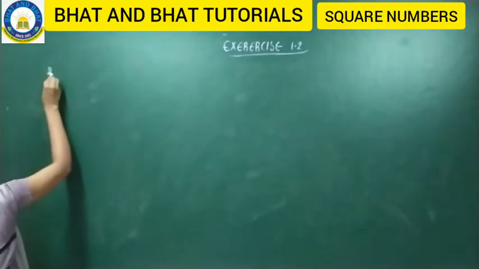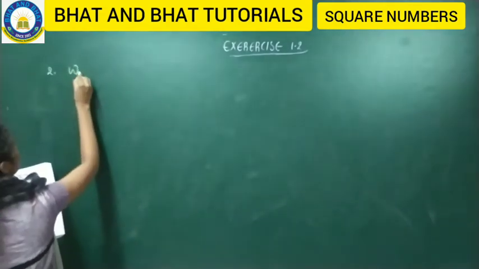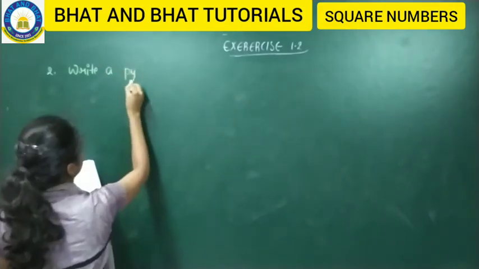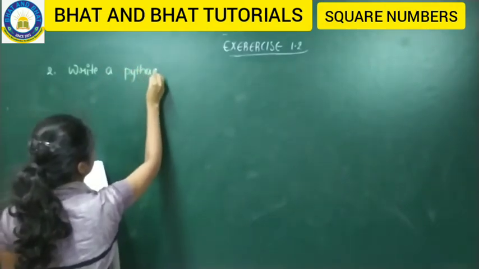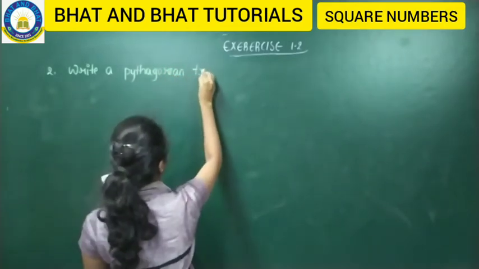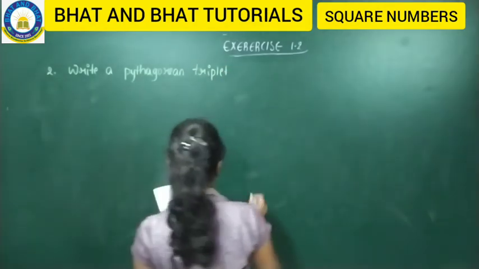So question number 2 mainly: write a Pythagorean triplet whose one member is given.